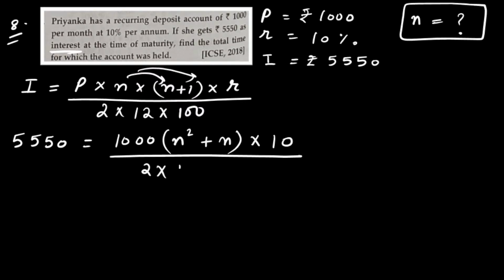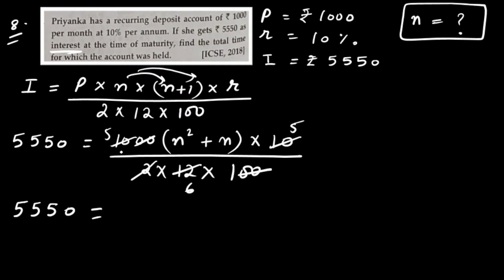Here 2 into 12 into 100. So 2 zeros we can cancel here. And if anything else is getting cancelled, we can do that too: 2 into 5, 2 into 6 and 2 into 5. So I am left with 5550 is equal to 5 into 5 into n square plus n by 6.